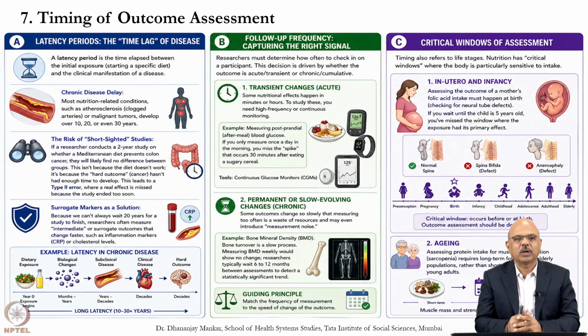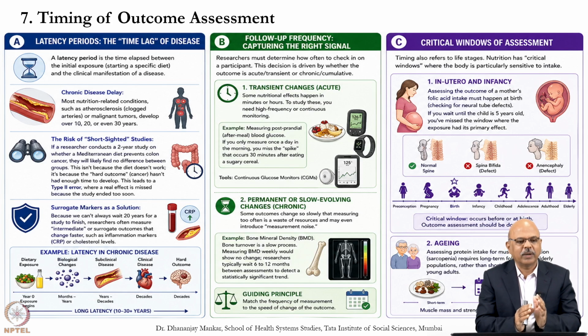Timing of outcome assessment, latency periods, the time lag of the disease. A latency period is the time elapsed between the initial exposure, such as starting a specific diet, and the clinical manifestation of the disease. So you may talk about nutritional disease, or a chronic disease condition, which may be associated with a diet taken for a longer period of time.